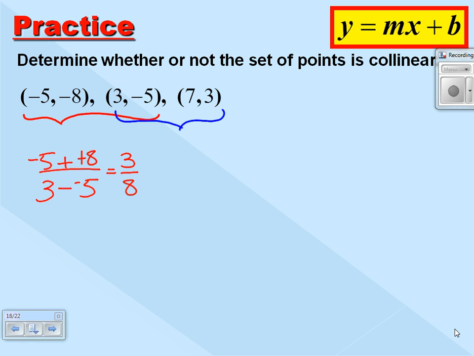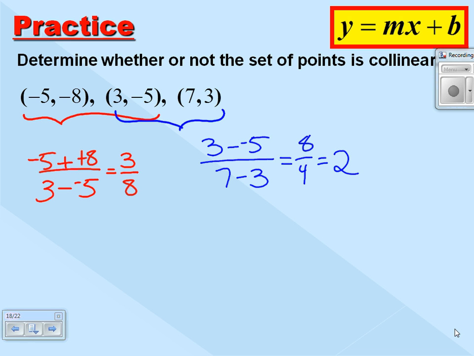Let's figure out the slope between the last 2 points. So that's going to be 3 minus negative 5 over 7 minus 3. That equals simply 8 over 4, which equals 2.